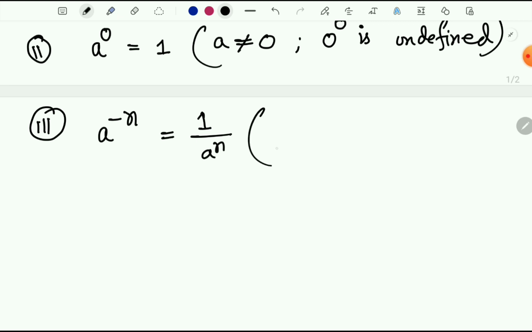In this particular case, you have to remember that a cannot be equal to 0, because if a becomes 0, it gives us 1 by 0, which is again not defined, or undefined.